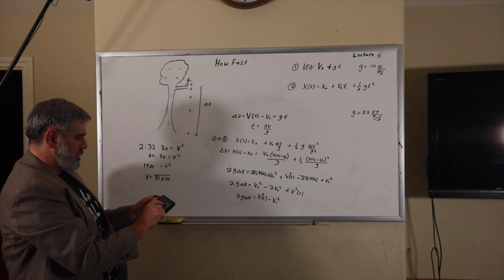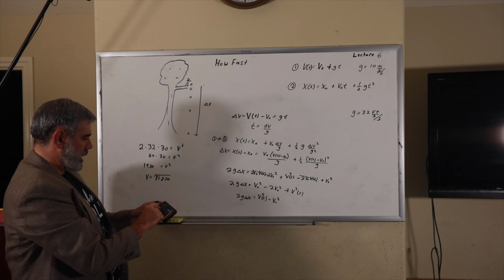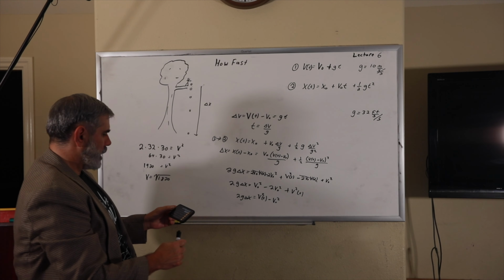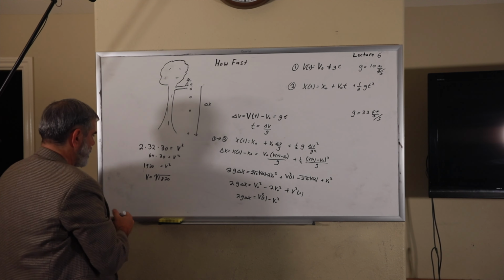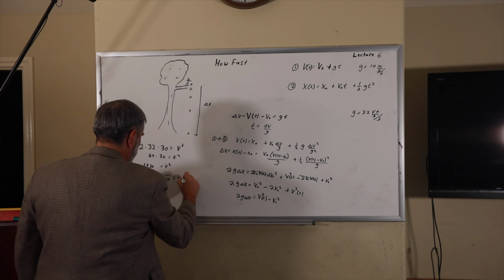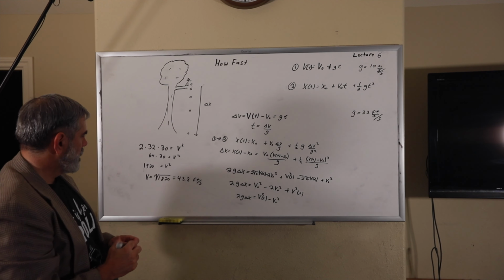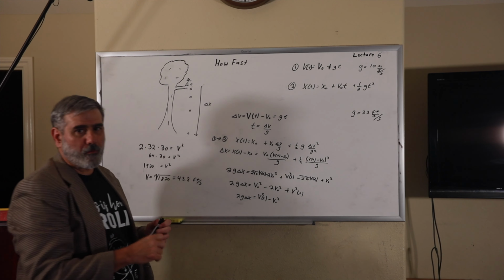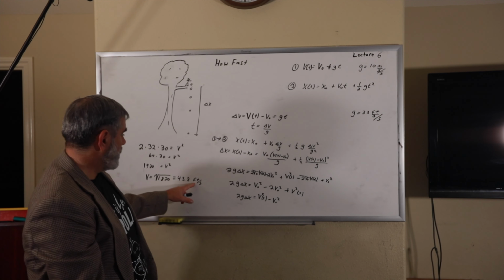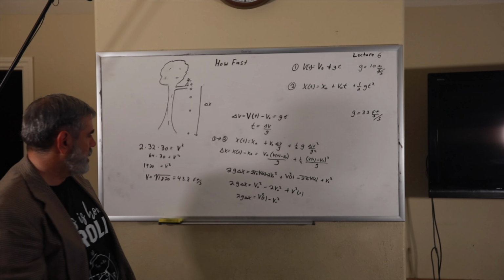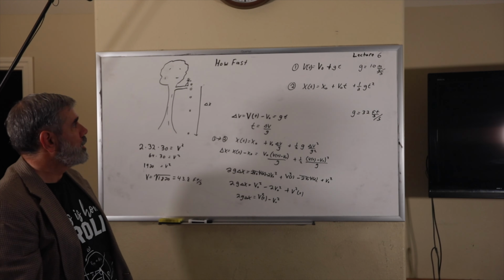It happens. So 1920, the square root of that is 43.8 feet per second. Now, if we wanted to convert that into miles per hour, we'd have to convert this to feet per hour and then convert the feet into miles, but we're not going to do that. We're just going to stop here.